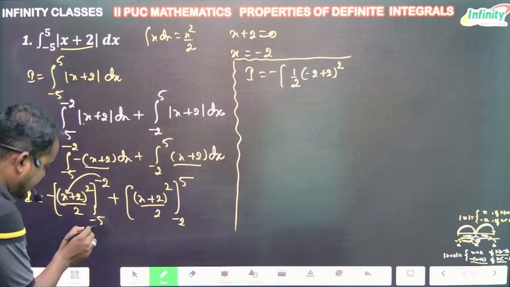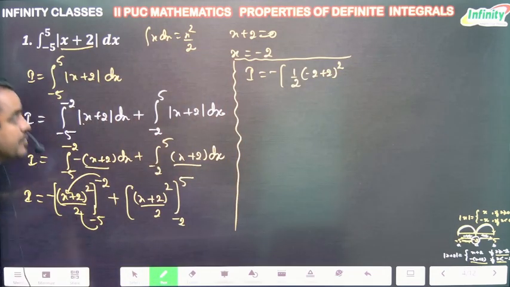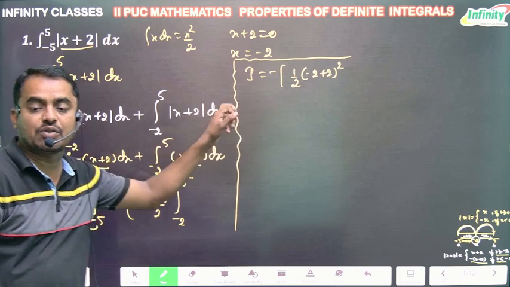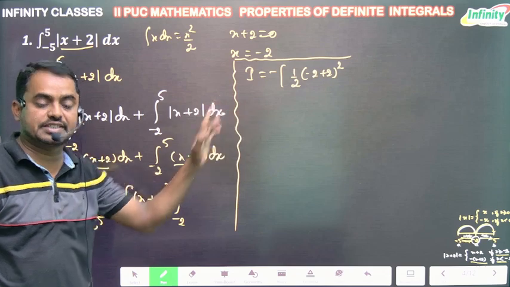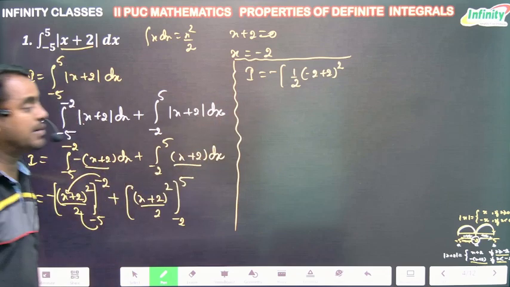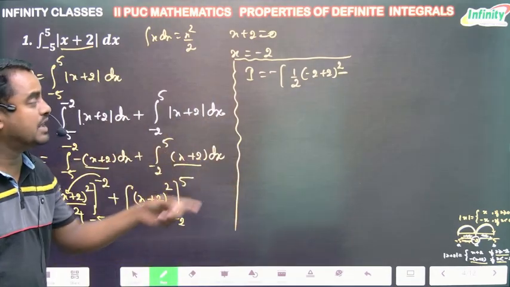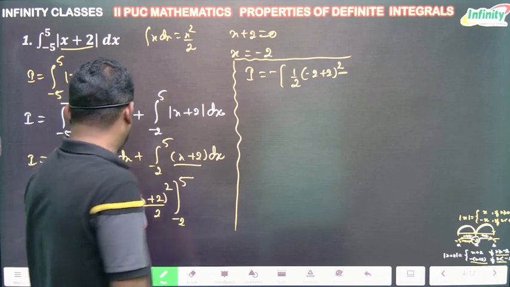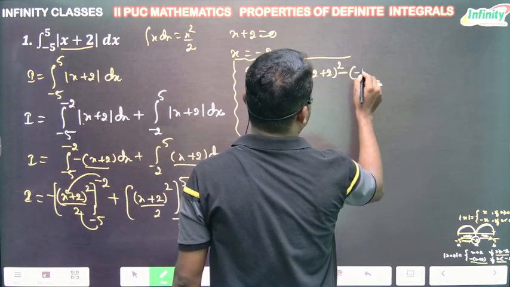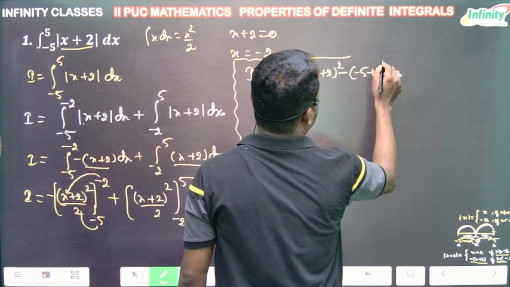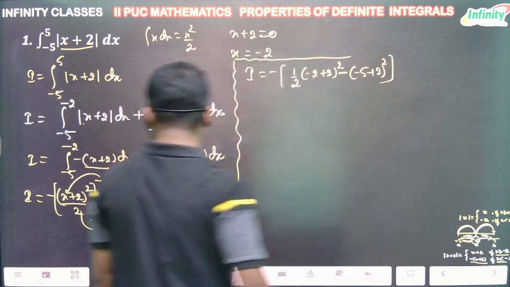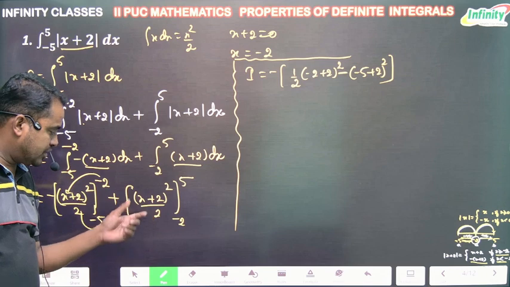Then the lower limit: keep the minus sign, then in place of x I write minus 5 plus 2 whole square. Now this part is over.